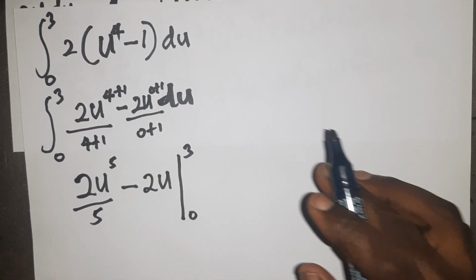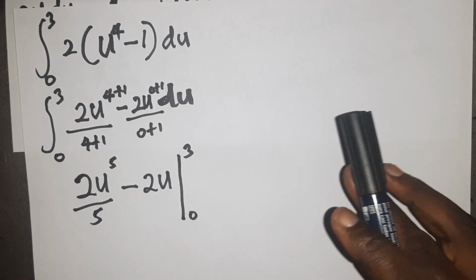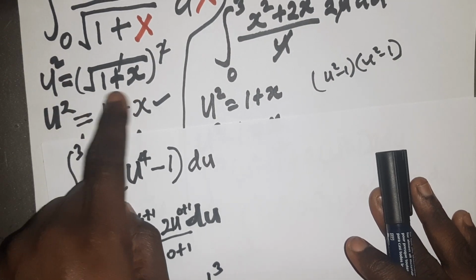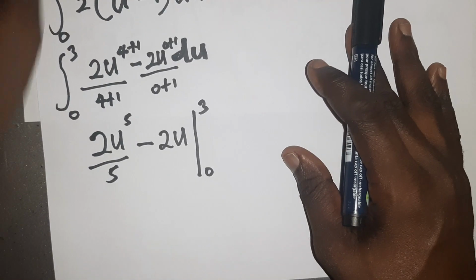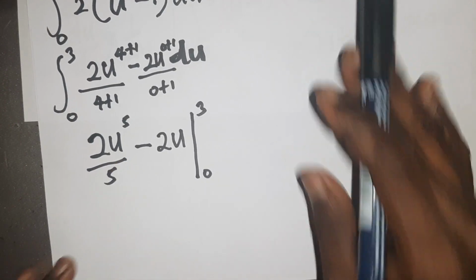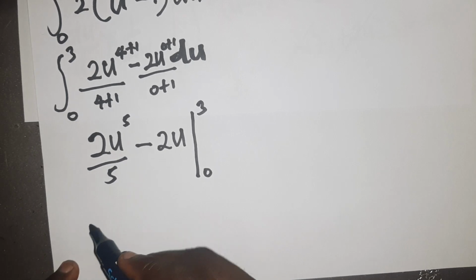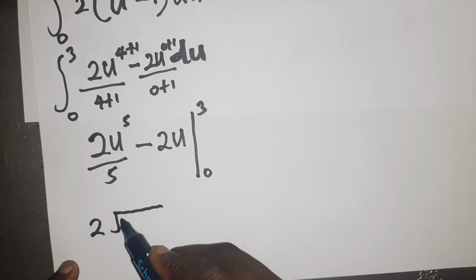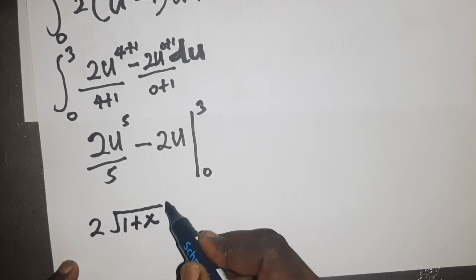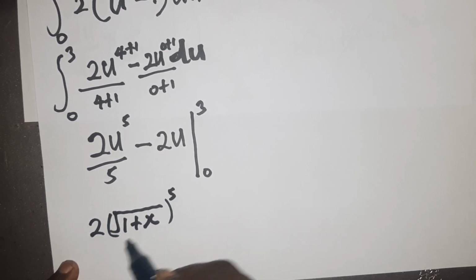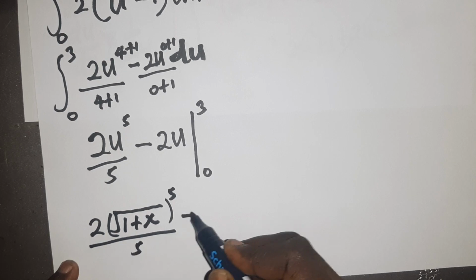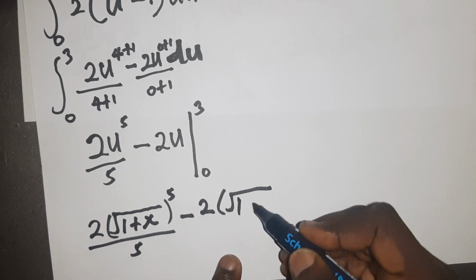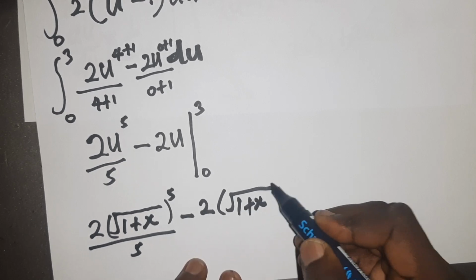So fixing back our value for u, remember we made u to be root 1 plus x. I'll bring that value back. So anywhere there's u, I'm putting root 1 plus x there. So I have 2 root 1 plus x all raised to the power 5 over 5 minus 2 bracket root 1 plus x.